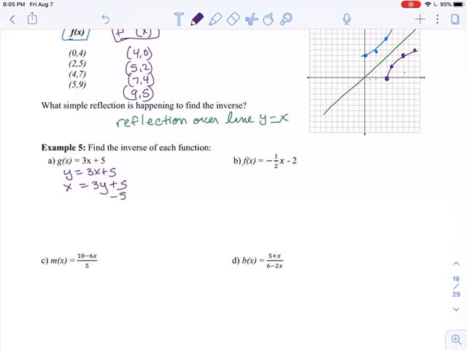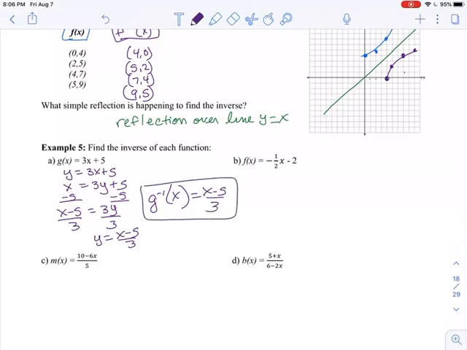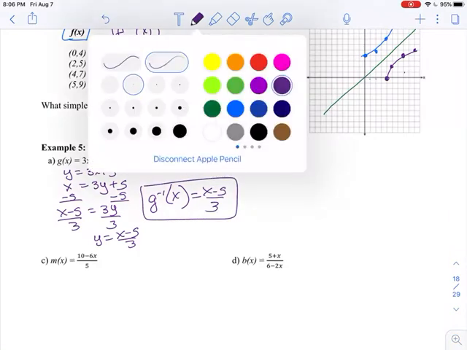So I have to get y by itself. So I'm going to subtract 5. And then I got to get y by itself. I'm going to divide by 3. So basically, y equals (x minus 5) over 3. And if I want to write that as the inverse, I can just put back in that g of x, but it's g to the negative 1 of x equals (x minus 5) over 3. And that's my answer.